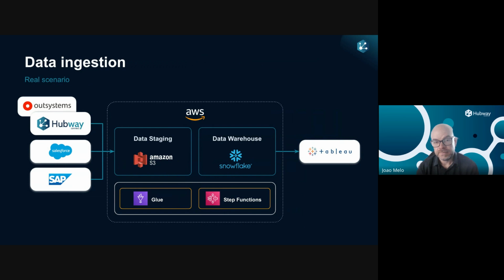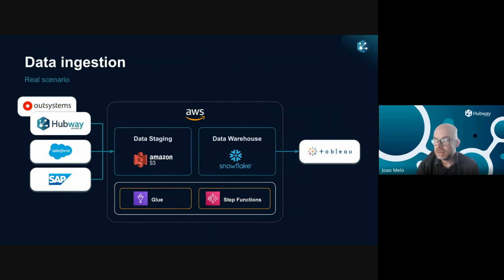From a data ingestion, data staging perspective, they used Amazon S3 buckets, which is where they dumped the unstructured data. Then they made use of a tool called AWS Glue, which is an ETL tool on the cloud that would connect to a number of different data sources and dump the data in S3 buckets.